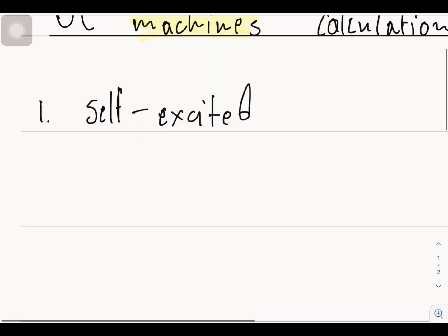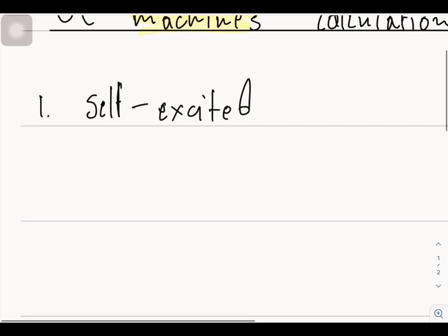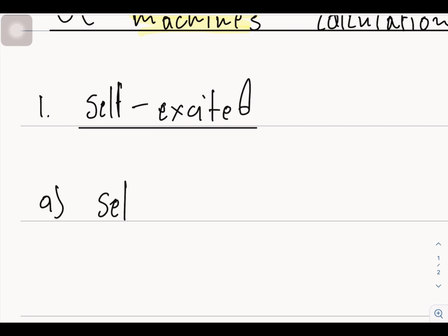Self-excited is subdivided into a series machine.